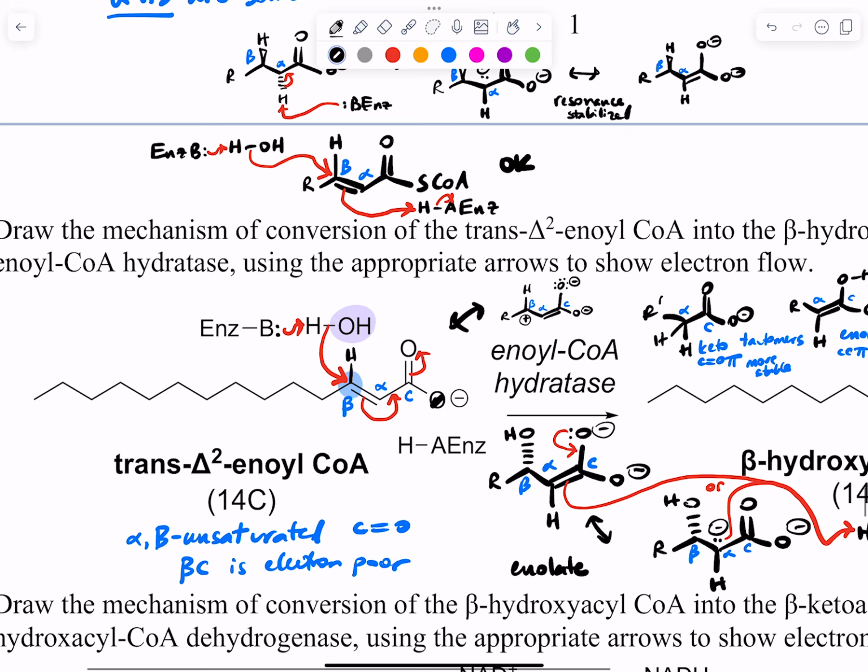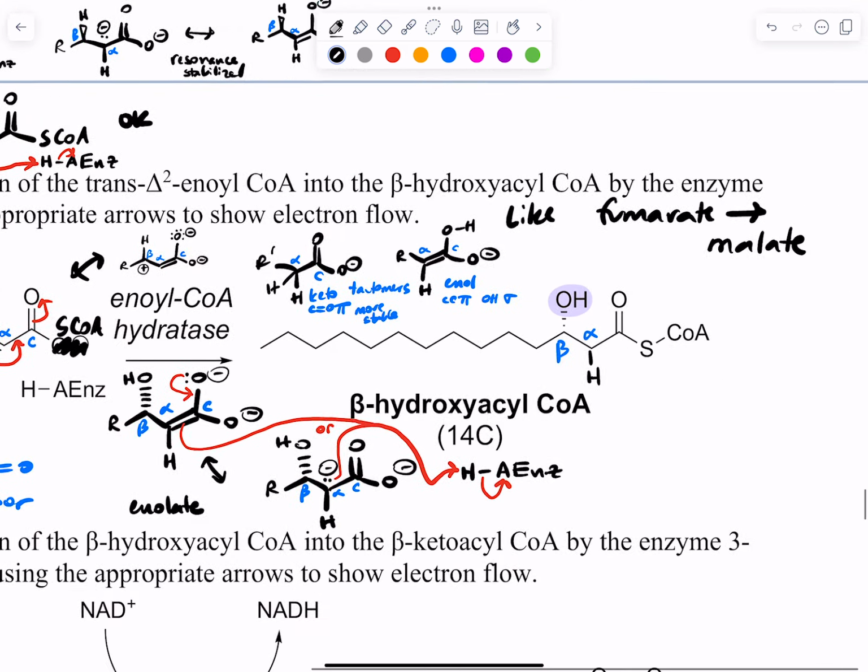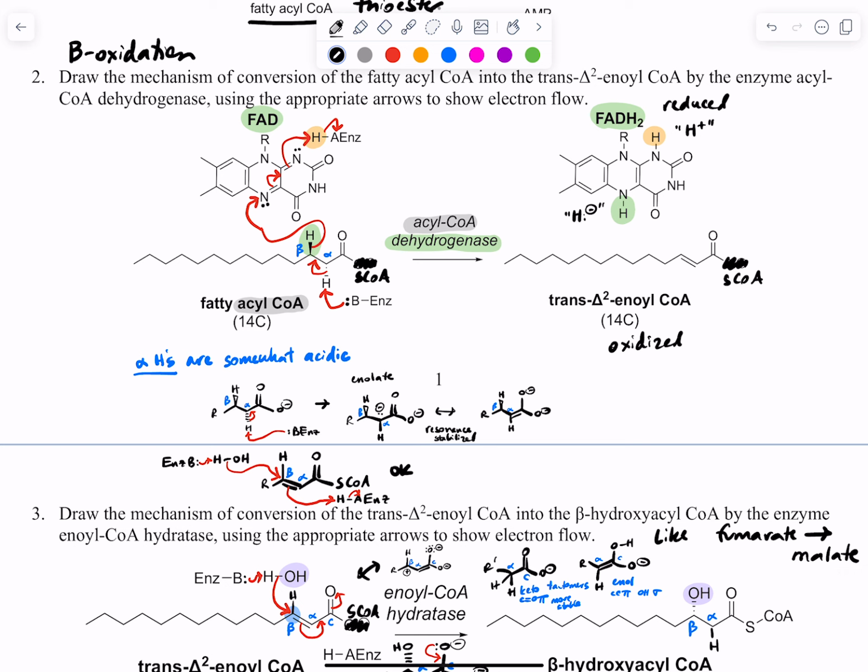Unbelievable. I am ashamed. That's what happens when you don't proofread. That is definitely plus one to everybody that came today. That is so embarrassing. You are right. The substrate is not the carboxylate. It's the CoA thioester.